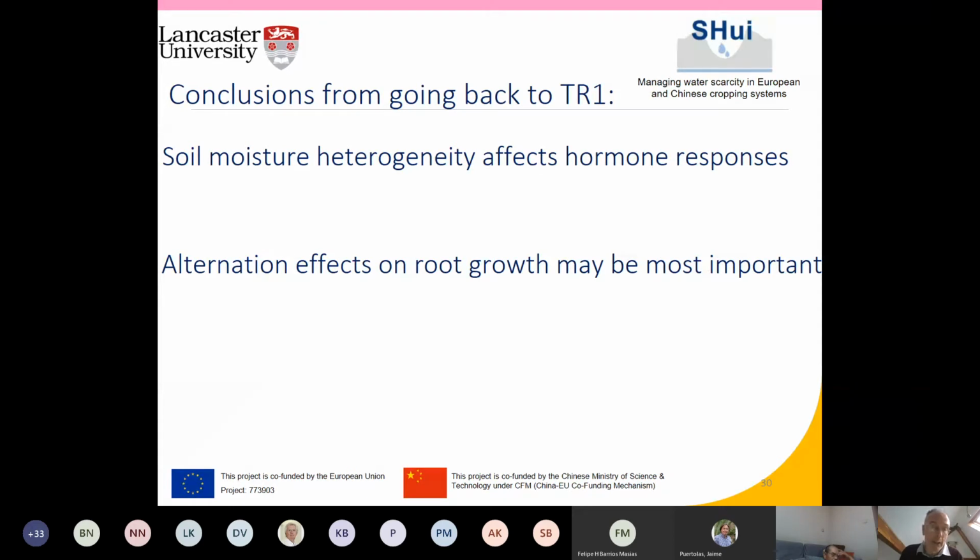It also affected root growth, and this might be particularly important in field environments to allow the grower to apply less water if the roots can access water that is lower in the soil profile, and there seem to be multiple hormone effects as a result of applying partial root zone drying.